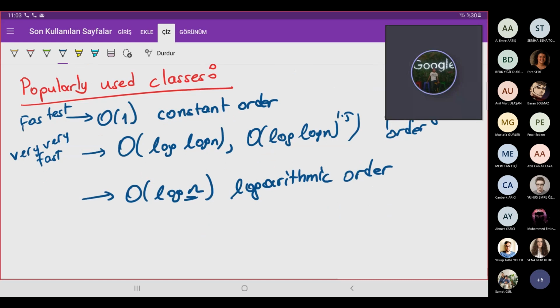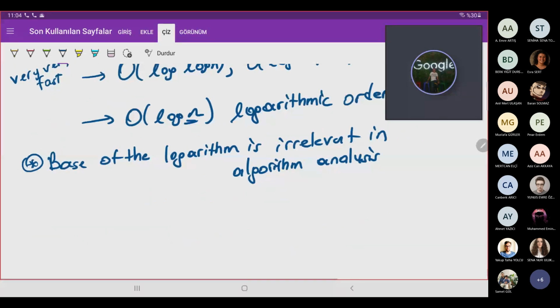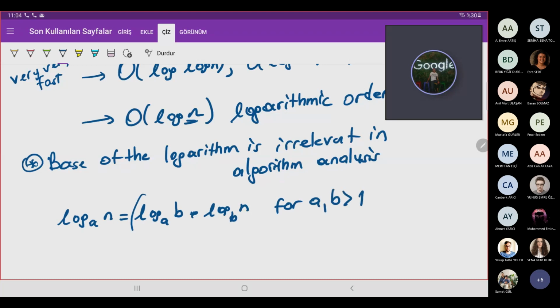Another thing we should mention: the base of the logarithm is irrelevant in algorithm analysis, because it just contributes a constant factor. Log base a of n is equal to log base a of b times log base b of n, for a, b greater than 1, and this part is only a constant.